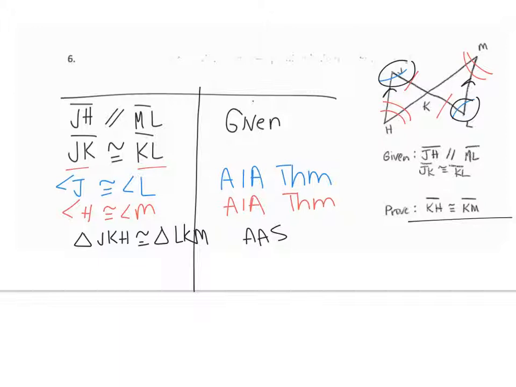So therefore, my last line is KH is congruent to KM by CPCTC. So you have to do the triangle, and at the end you prove the side lengths. Make sure that you are writing this statement correctly, that the J corresponds with the L and the K corresponds with the K. So be careful about that.